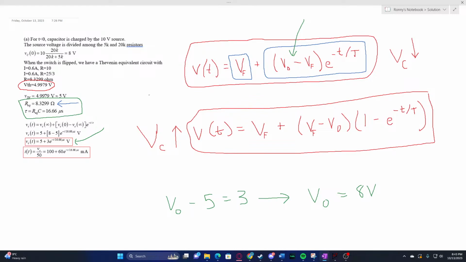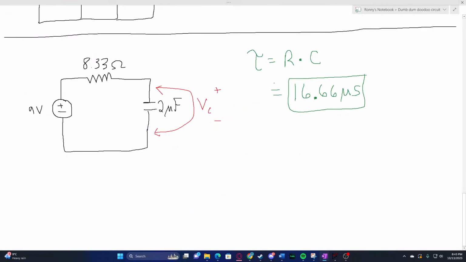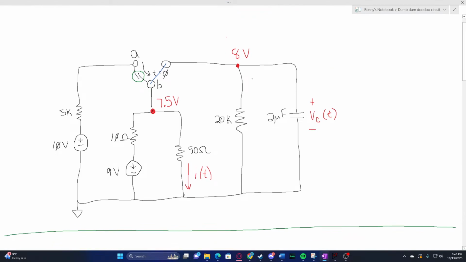Now, here's a question. If they say 5 volts, there's to some extent some mistake on their part for thinking what this voltage was. It definitely wasn't 10K because then their answer would have been more than 5 volts. So for whatever reason, I'm guessing they thought that voltage was less.